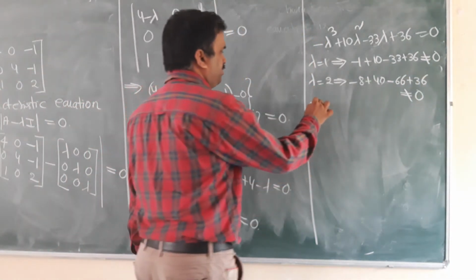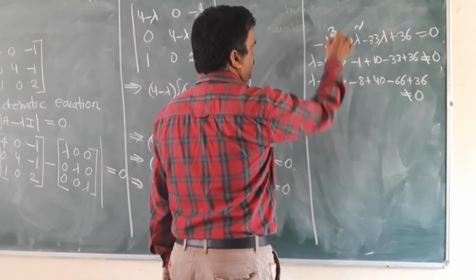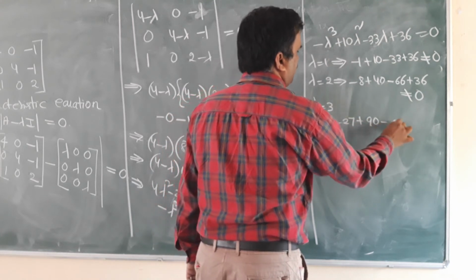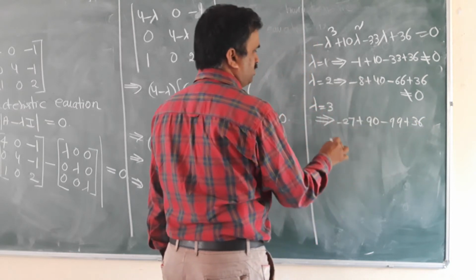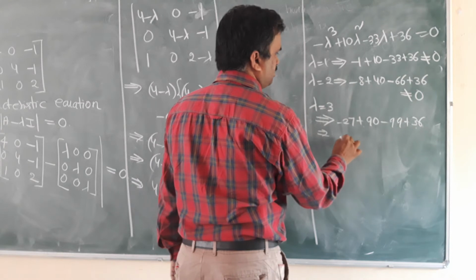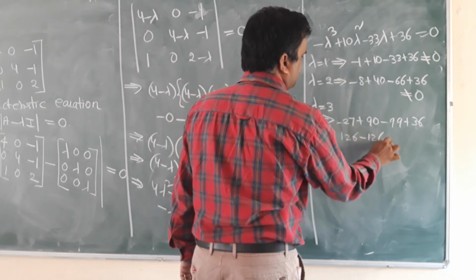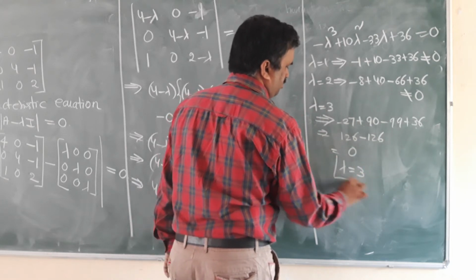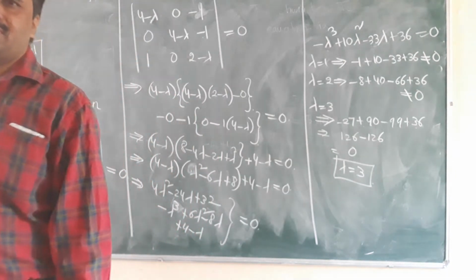Lambda equal to 3: minus 27, 9 tens are 90, minus 99 plus 36. We are getting 90 plus 36 is 126, and minus 126 is equal to 0. Got it. So lambda is equal to 3. I got one root.